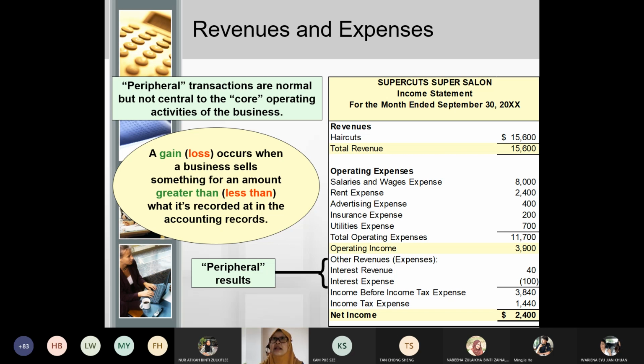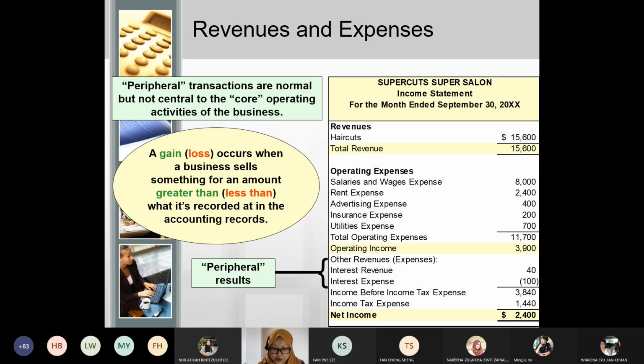Let's say if they sell a vehicle, or if they sell equipment. Because if the main operation is to sell product, but when they sell the assets of the business, this is a normal activity but not part of the core operation of the business.